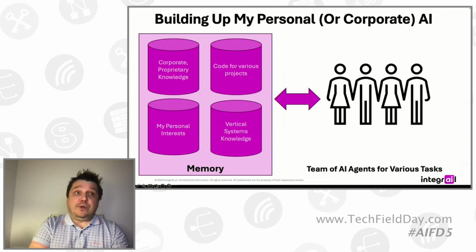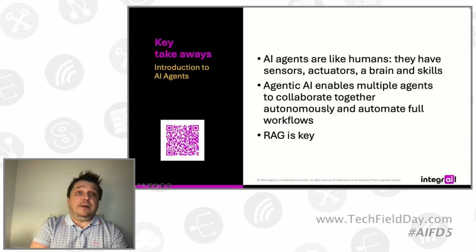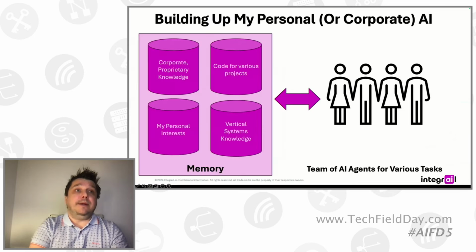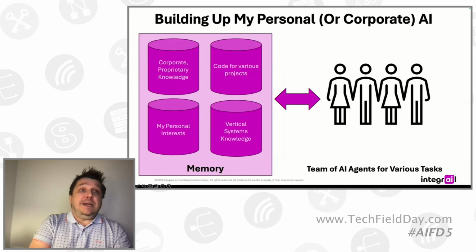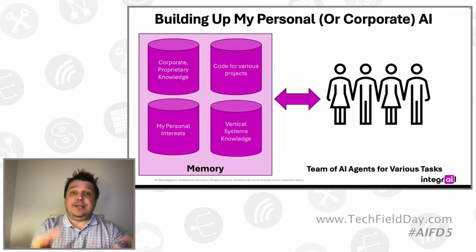Then there is also vertical systems knowledge. This is another important point. It allows us to create agents that understand, for instance, what a CRM, a customer relationship management system, is, because it is very complicated. Many people have tried to create a generic web agent that will just fulfill any task on the web.